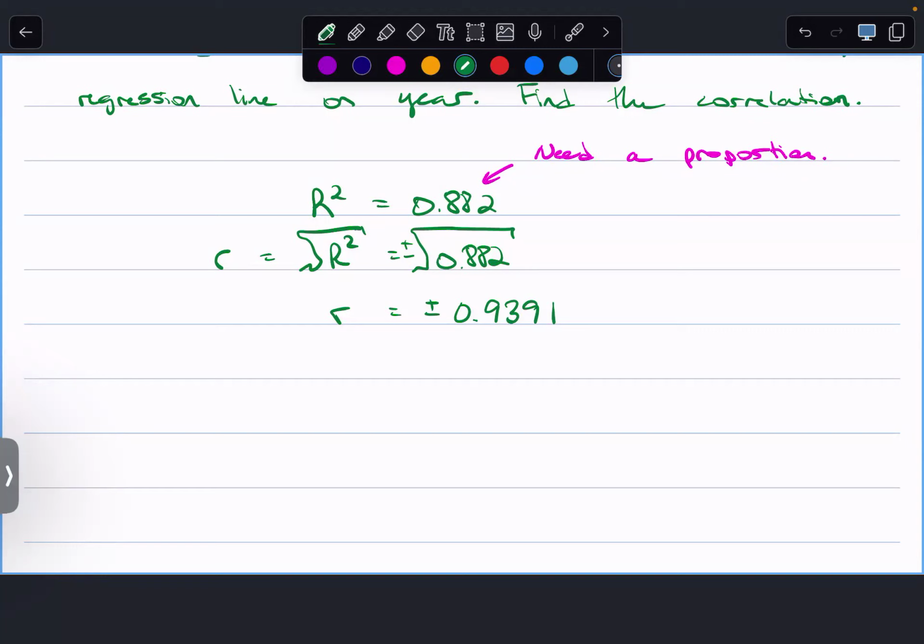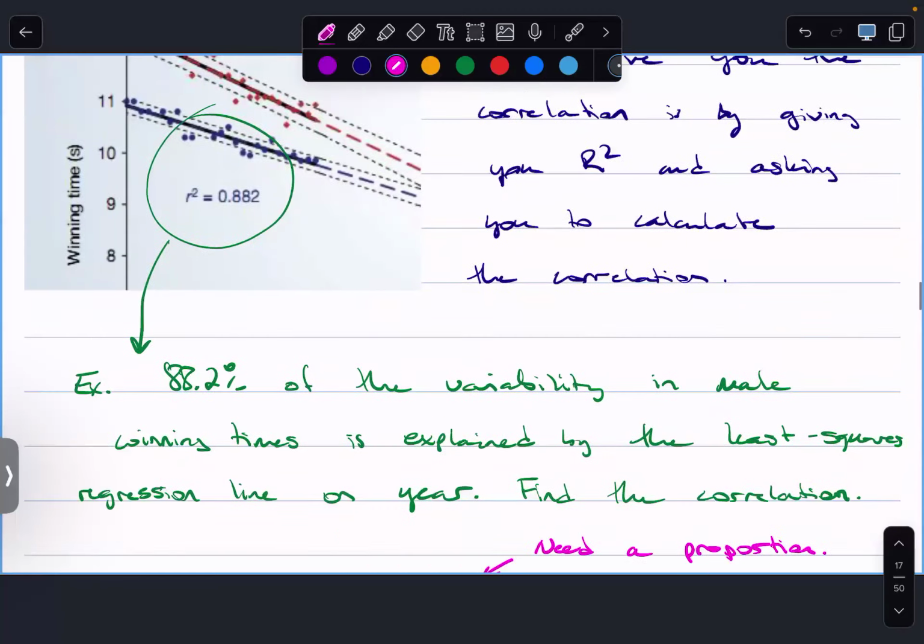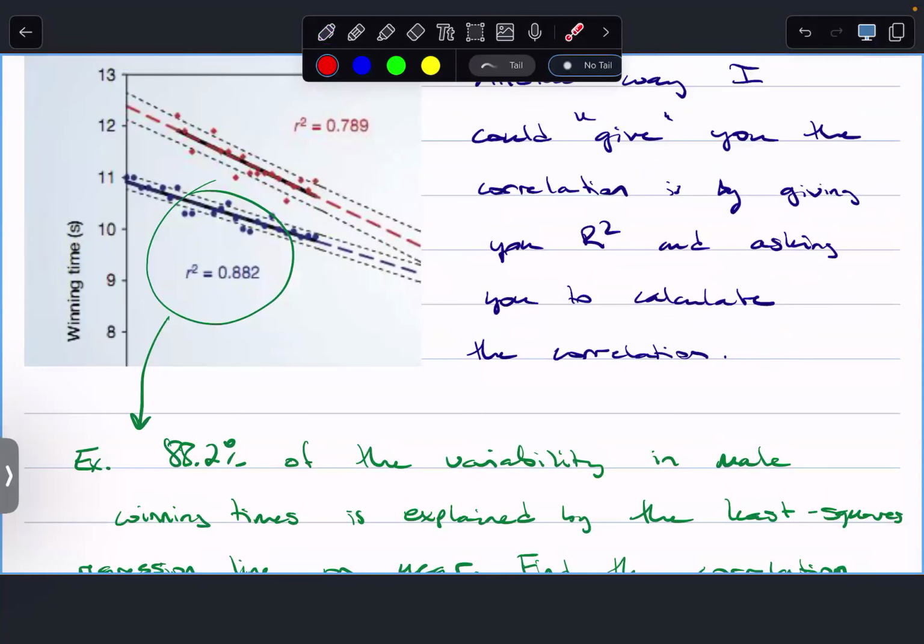Now we need to pick the appropriate sign. That's the sneaky part of having you find the correlation from the R squared, because then I would need to give you the scatter plot.